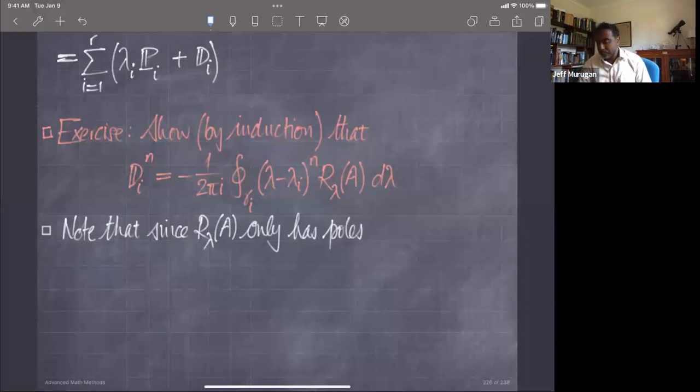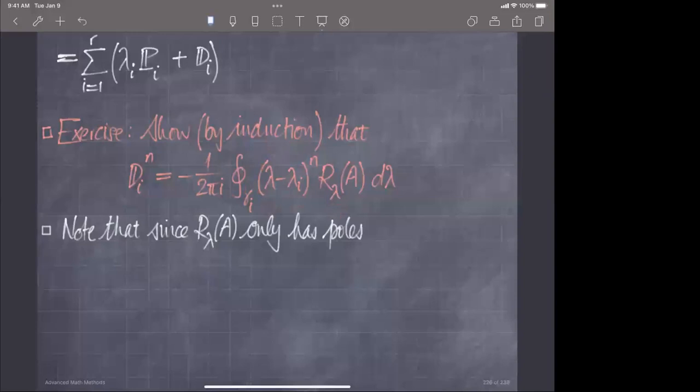Since the resolvent of A only has poles as singularities, this means that if I raise di to a sufficiently large power, so I'm referring to this power here, then the integrand of this di to the m will eventually become analytic, because what's multiplying it, this guy here, will cancel off the poles in the denominator. Can you see that this is true? Yes. Good.